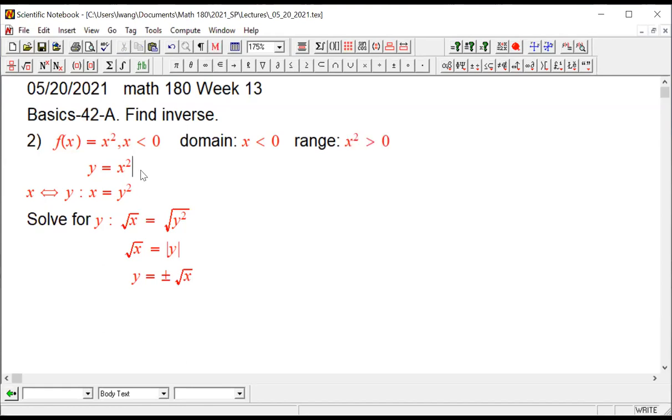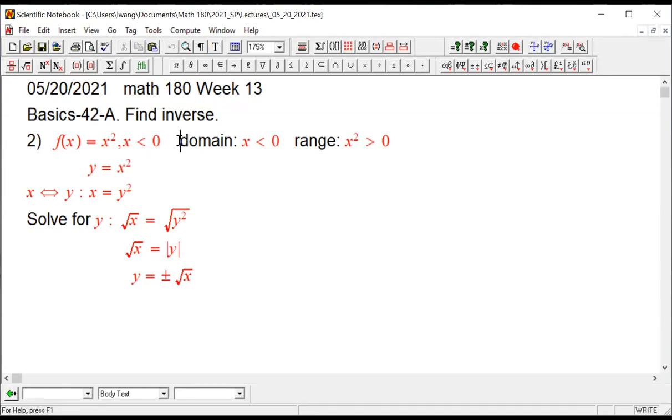And when we swap, what happened? Not only are the symbols swapped, domain and range are also swapped. You follow me? Because now we're heading to find the inverse.